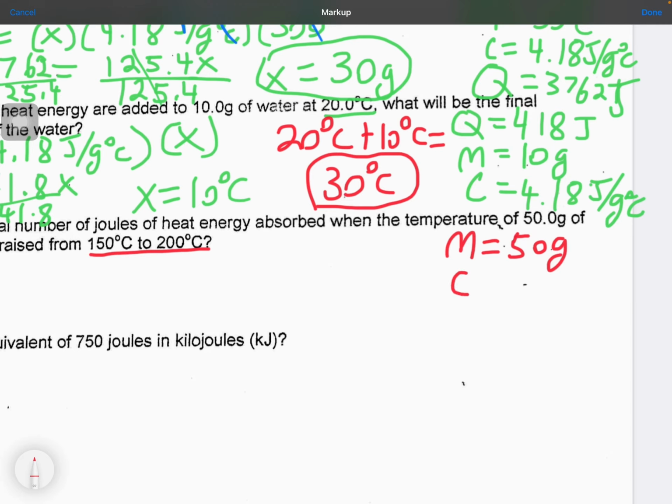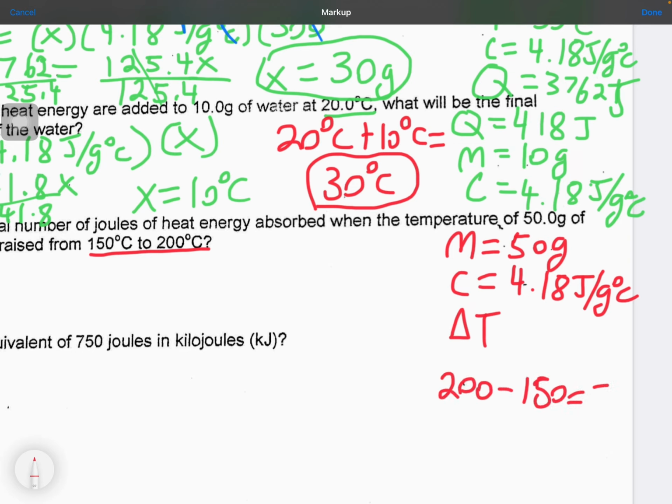We are given our C, which is 4.18 joules per gram degree Celsius. We are given our delta T, which would just be 200 minus 150, which would be 50. So our temperature change would just be 50 degrees Celsius.